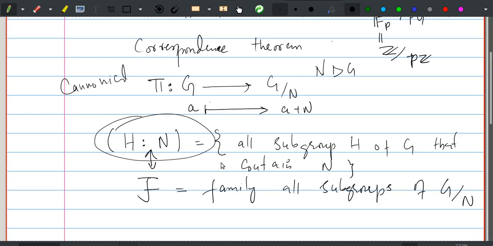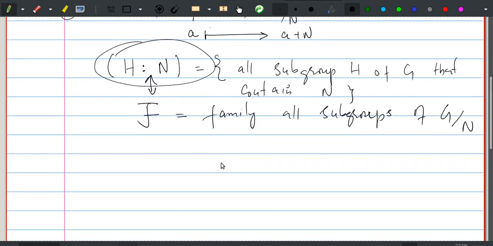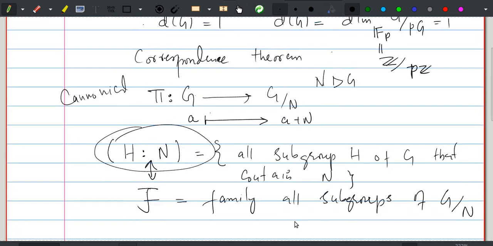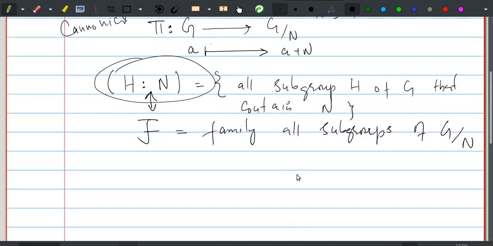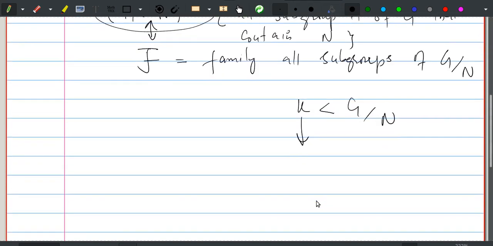I mean, if we have any subgroup, say K of G mod N, then corresponding to this subgroup K, we have a subgroup H of G that contains N. So this is the correspondence theorem.